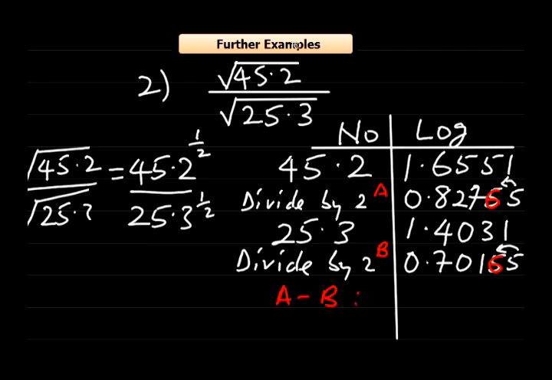Okay, let's subtract. 6 from 6 will give us 0. Remember, we are subtracting the value we have here from the value we have here. 1 from 7 will be 6.